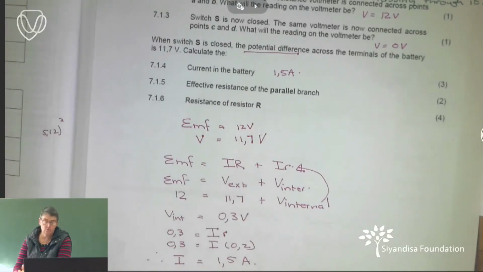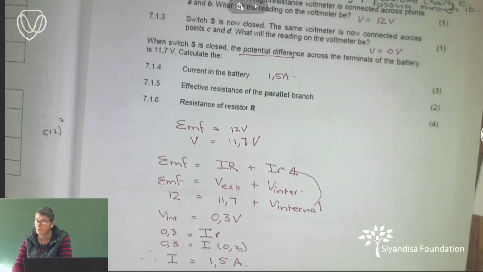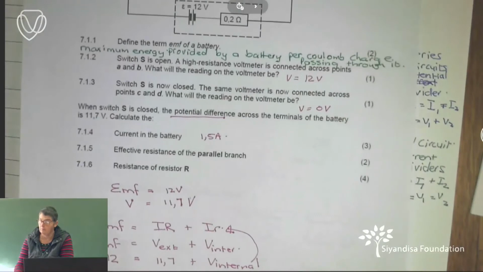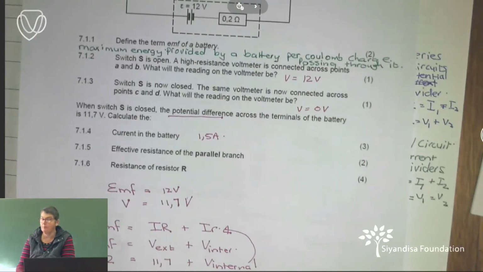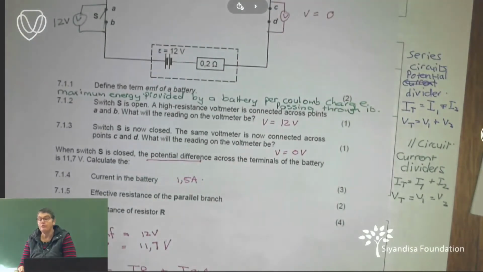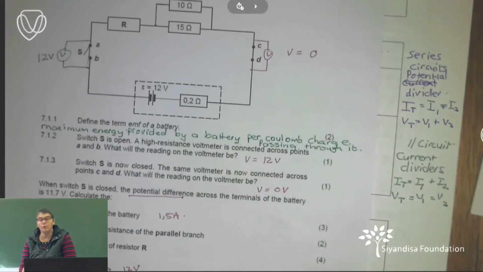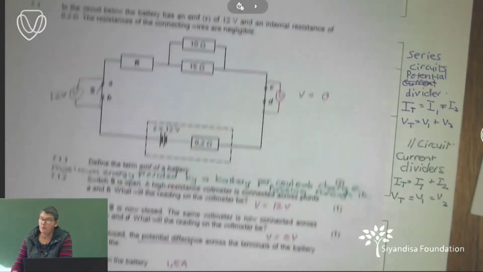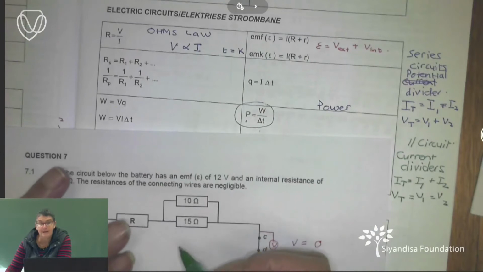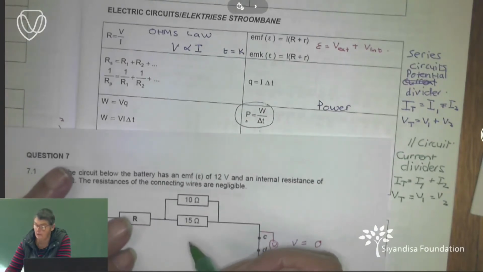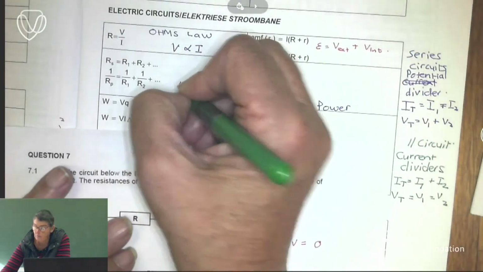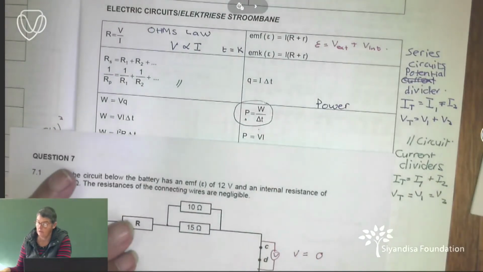Okay. The next question, the effective resistance through the parallel branch. The word effective basically just means the resistance. Because remember, we're working here with a reciprocal, so it is sometimes not very accurate. Right. So first thing, when I go to my data sheet, I remind myself that I'm busy with a parallel connection. And this is the formula that I use for a parallel connection.